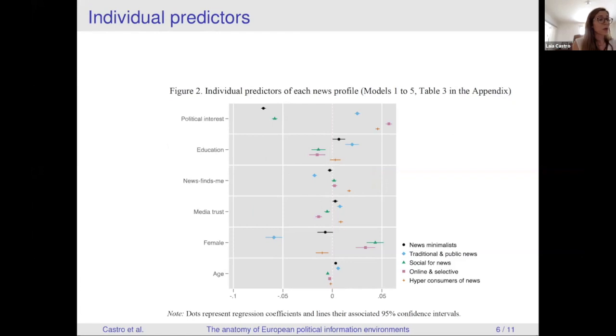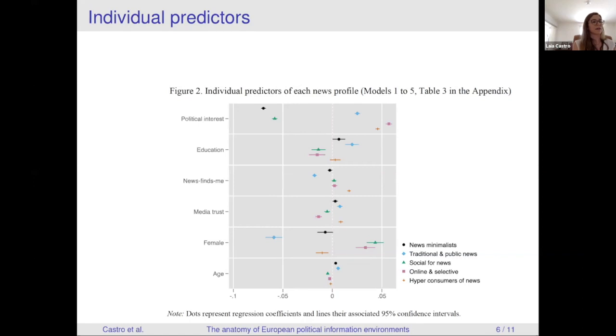And when we look at different individual predictors of this news user profile, so when we regress these different news user profiles against individual predispositions and characteristics, we see that our models meet some expectations. So for example, the news minimalist and also the social media for news group score the lowest in political interest.